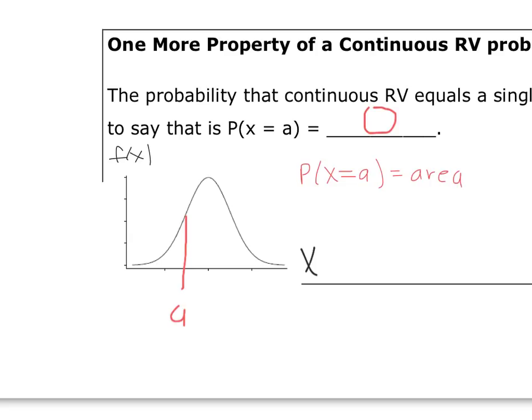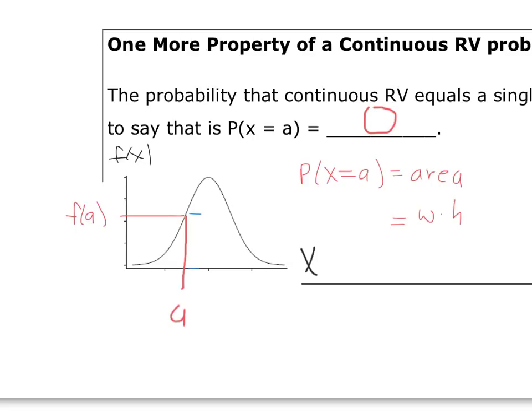All right, so if we think about area as being width times height, now we can get the height part. If we go up to that graph and go over to the vertical, that value for the height is f of a. Okay, so we can fill in that height with f of a.